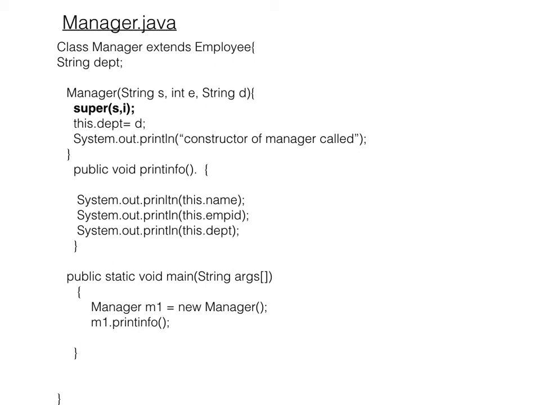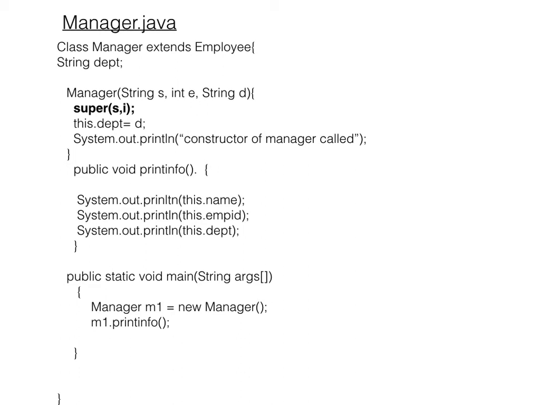So it's a subclass of Employee class. Employee class is superclass for this class. So now here in the constructor, we are calling super, and we are passing a parameter also. So it will go to the parameterized constructor of Employee class.